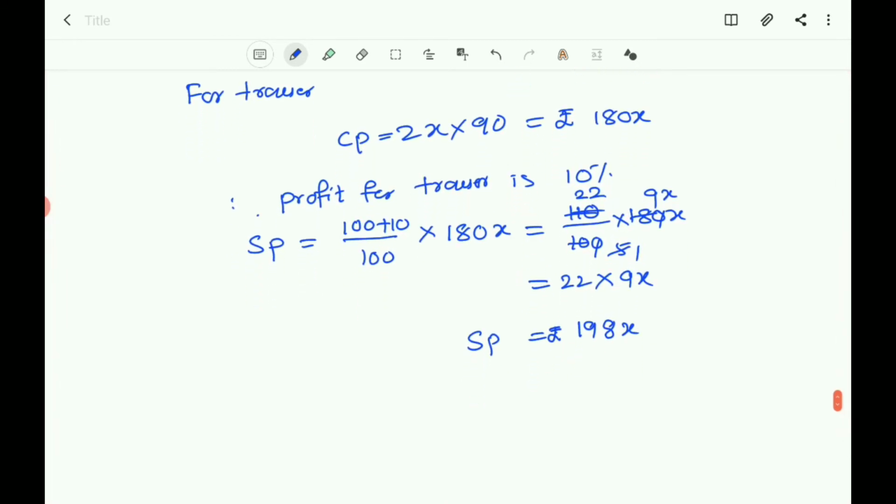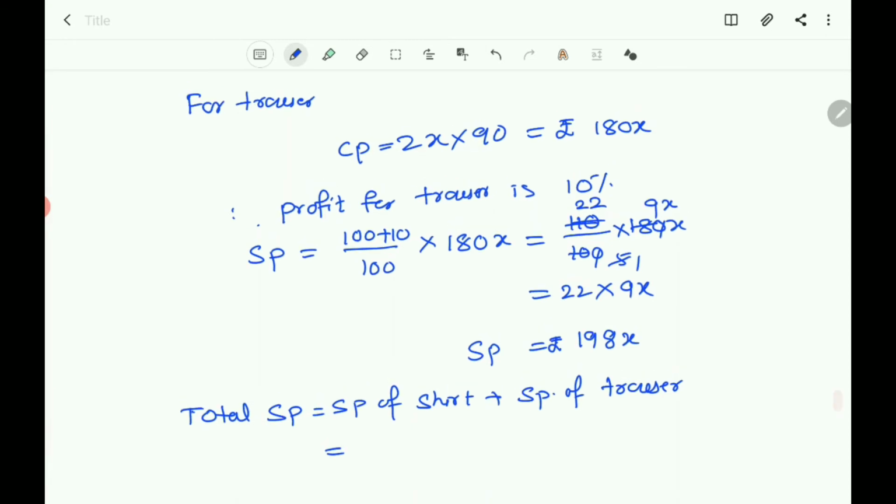Now the total selling price is equal to SP of shirt plus SP of trouser.